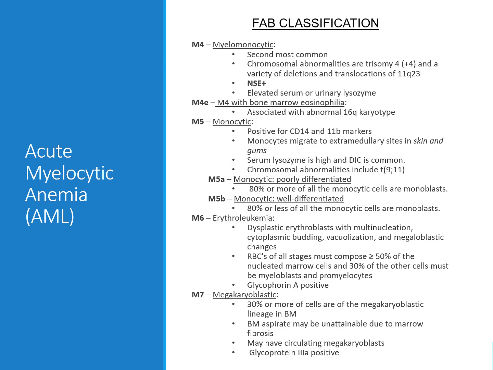So M6 is called erythroleukemia, and this is where we have dysplastic erythroblasts. Now, when you hear the term dysplastic, it just means that there's something broken in the production process. It's not making them right. So something is wrong in production. I always think of dys as like poor or like dysfunctional, and then plastic being made.